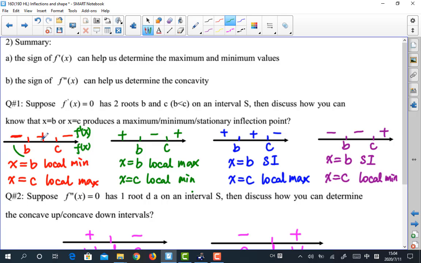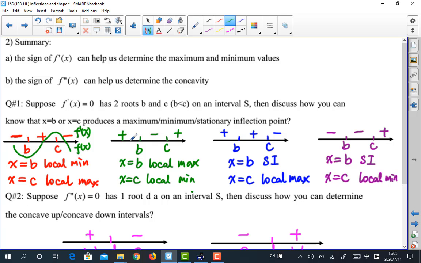Then on the right side of b, the f prime is positive, so it goes to increasing. Then on the right side of c, this f prime x is negative again, so this f of x should be decreasing again. So if you put all those trends up, you can know from decreasing to increasing, x equals b produces the local minimum. From increasing to decreasing, x equals c produces the local maximum point.